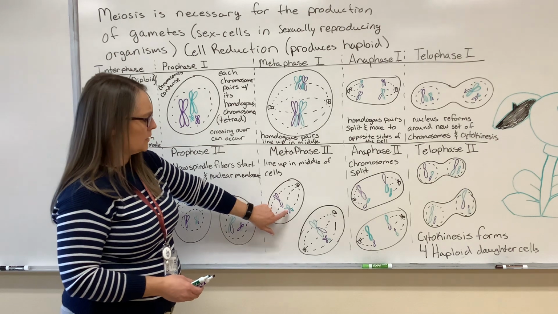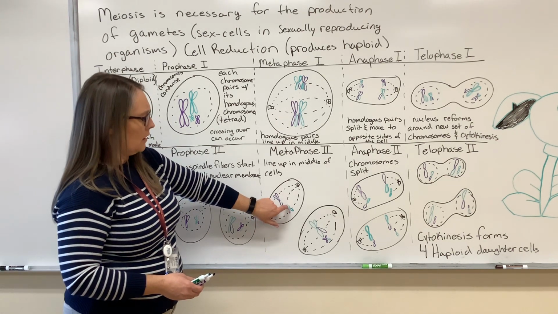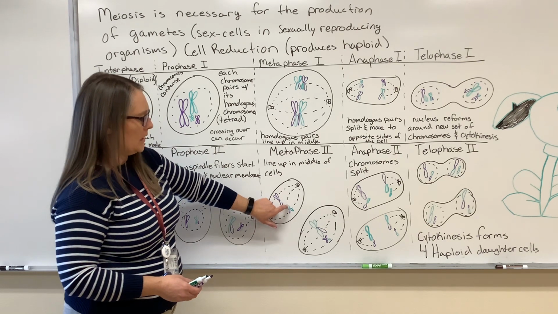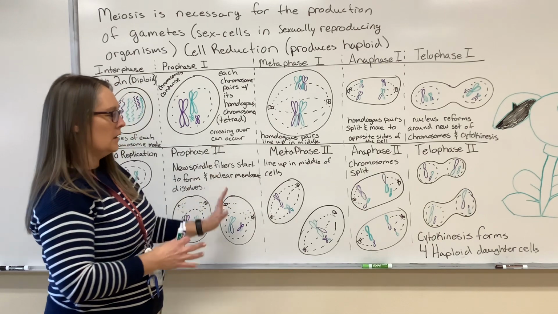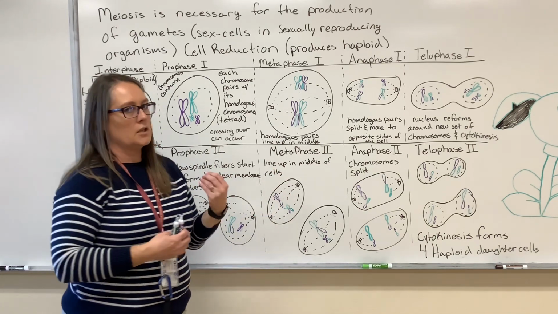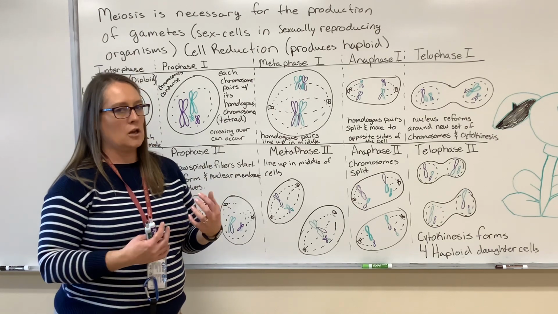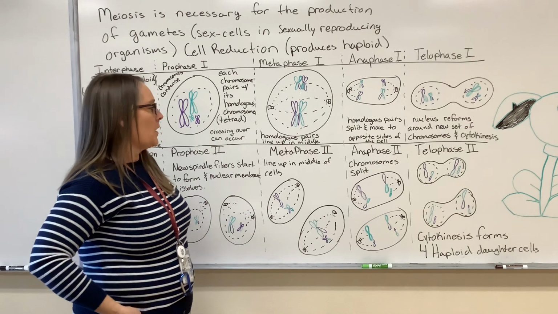But in the second chromosome, I'll have a combination of mom and dad's DNA in this side, and just mom's DNA in this side. So as you watch this progress, you'll see how we get such unique DNA combinations for each organism that's produced, okay?